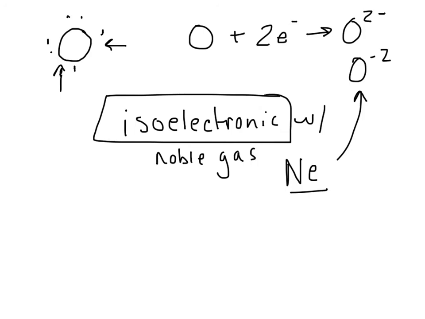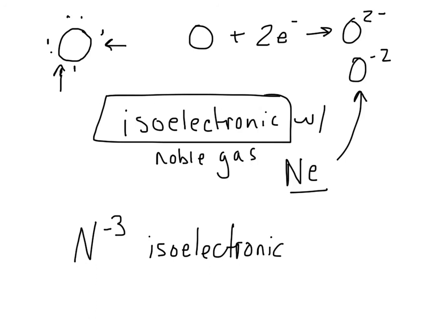So if I'm asking you to tell me what noble gas is isoelectronic with, say, N-3, well, let's look. N-3 is going to be isoelectronic with what? Do your best, see if you can figure it out. If you said neon again, you are right.